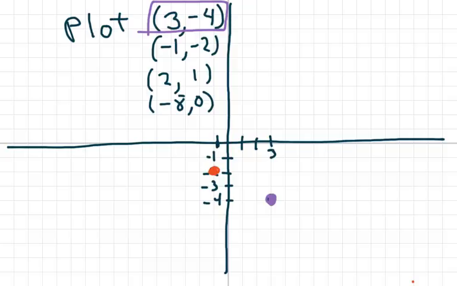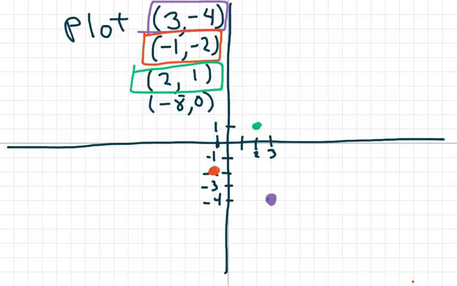So that's -1, -2. Now let's plot 2, 1. You go over to the right 2 and up 1. And we're going to plot this point. And that would be 2, 1.